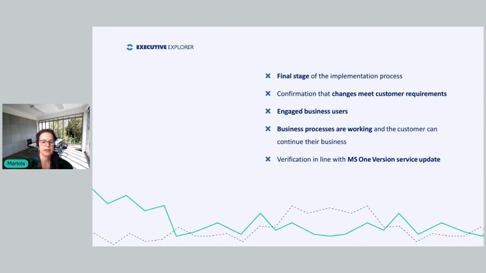And it's good to know that when we are talking about D365 Finance and Operations and the Microsoft update policy, user acceptance testing can help to be compliant with the new version. You can check if all your processes continue to work properly before updating to one version.